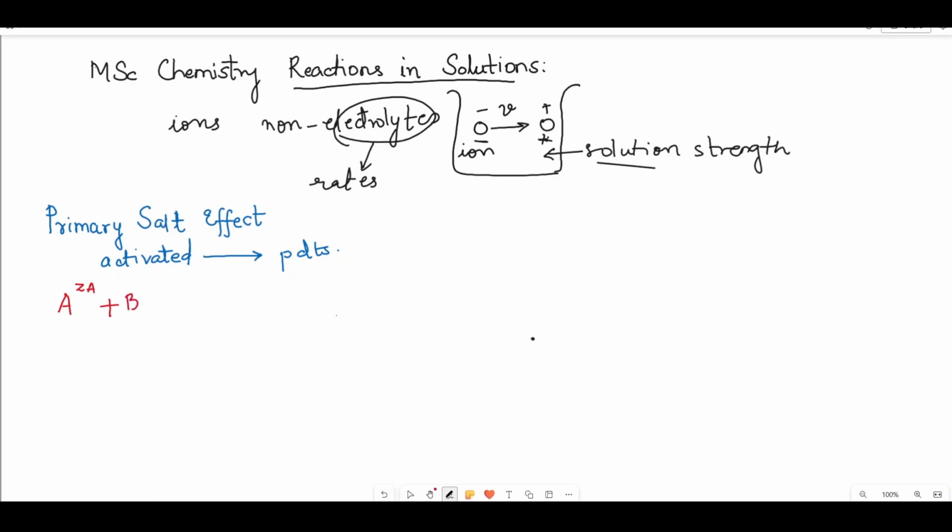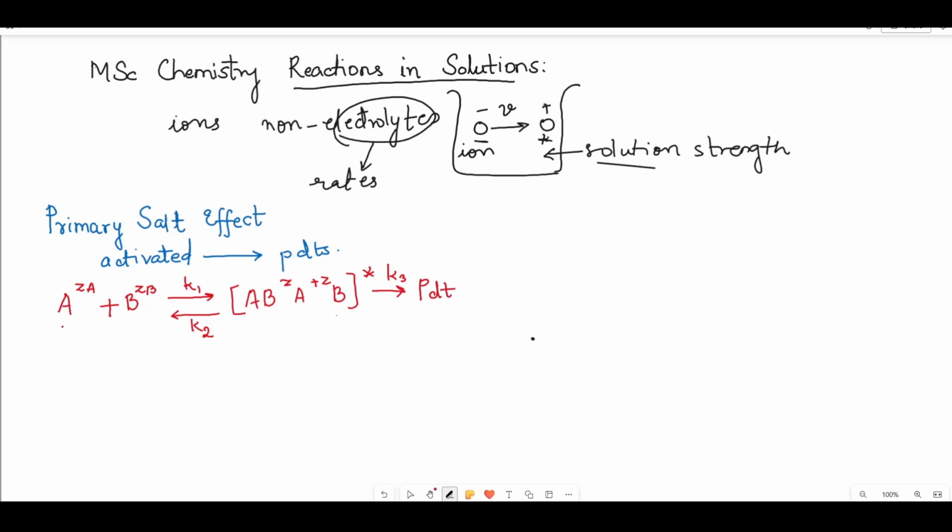A of ZA plus B of ZB form an activated complex, which in turn forms the product.